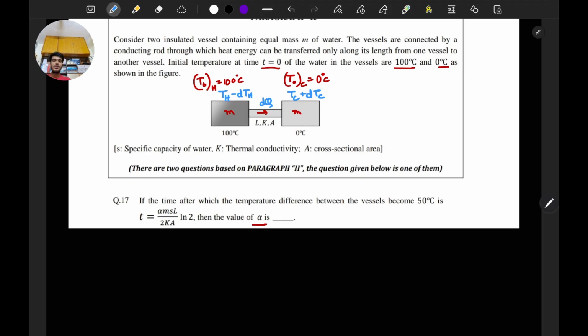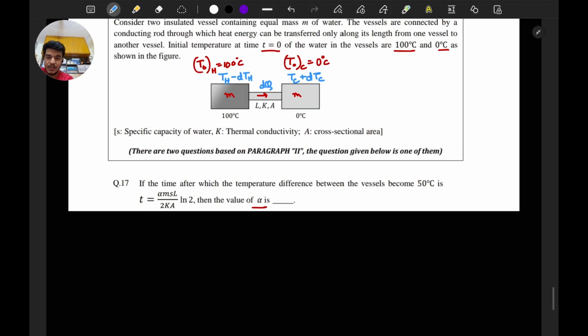All right. So I have two equations here. The amount of heat transferred between these two vessels, we can easily write as dQ equal to minus ms dTH, decrease at the hotter end and increase at the colder end.